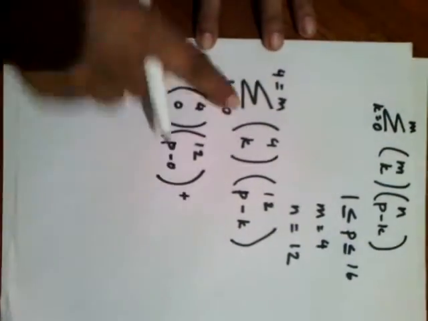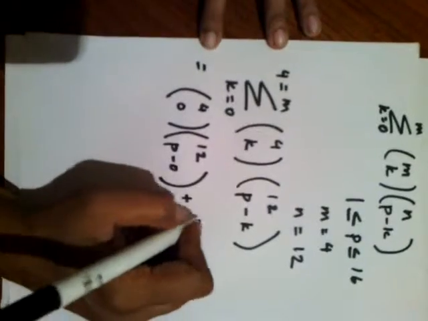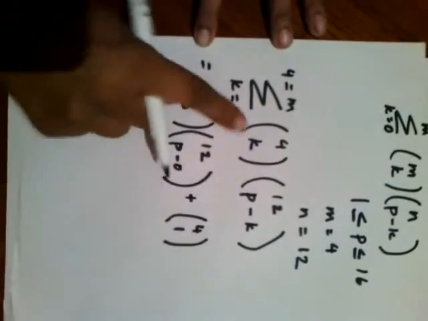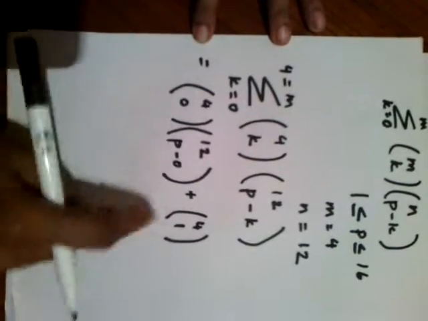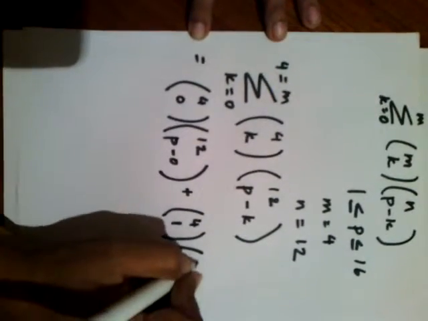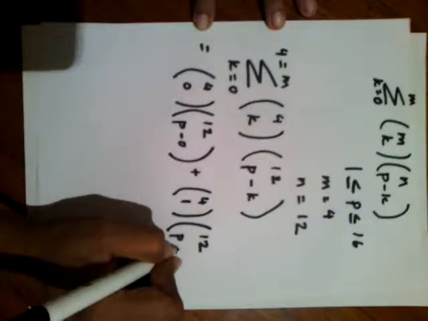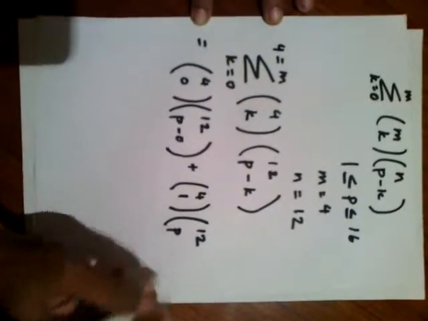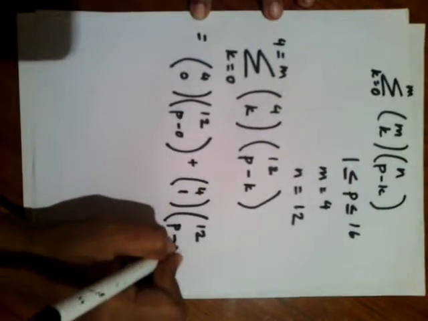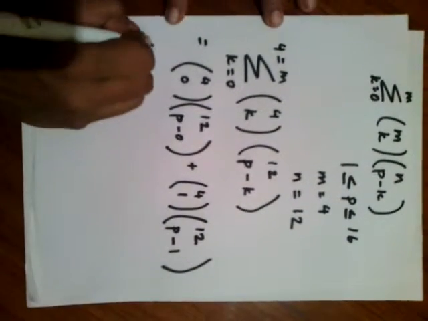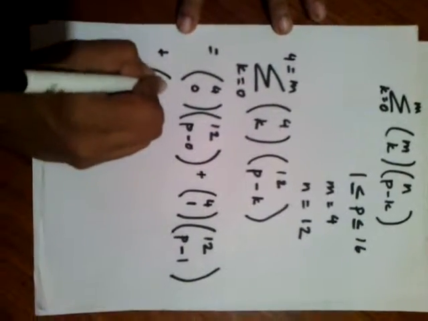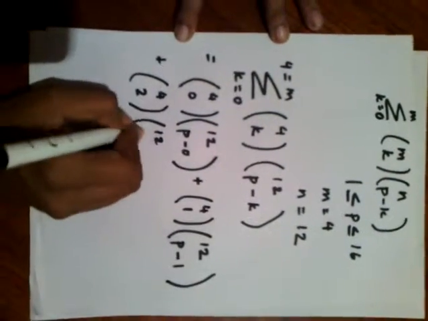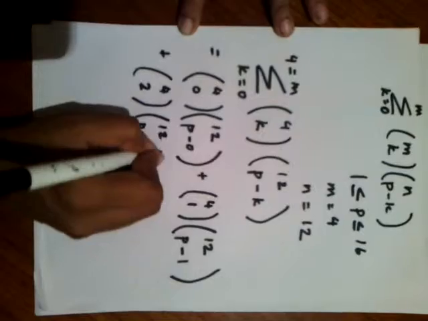And you add, because you have a summation sign, the next term, which is 4 choose 1, because k is now 1, it's the next incremental term, and 12 choose p minus k. What was k? In this case, this is 1, so p minus 1. Similarly, you get the next term, 4 choose 2, because now k is 2, and 12 choose p minus 2.